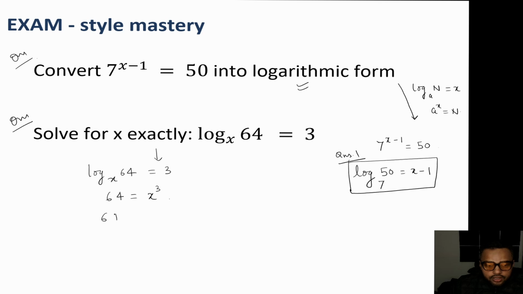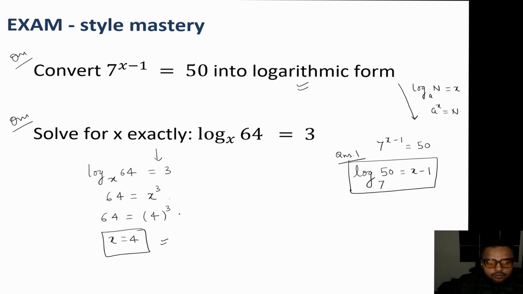So we already know that if we multiply 4 three times, we will get the value of the left hand side, that is 64. So from here we can say that the value of x will be equals to 4. Okay, so this is the value of x here.